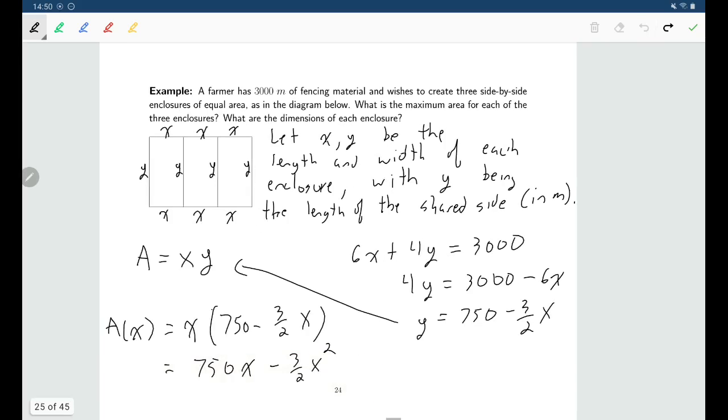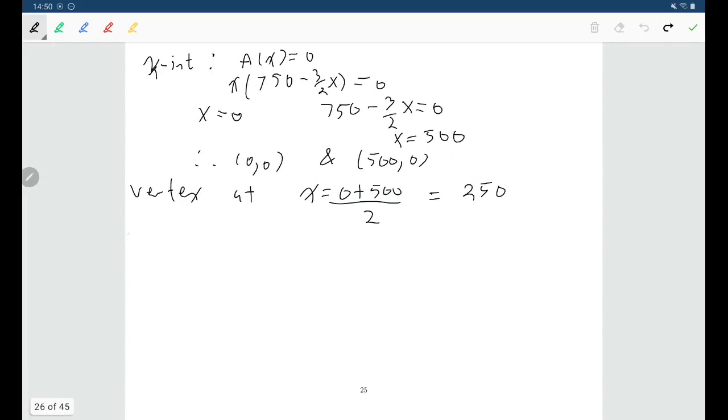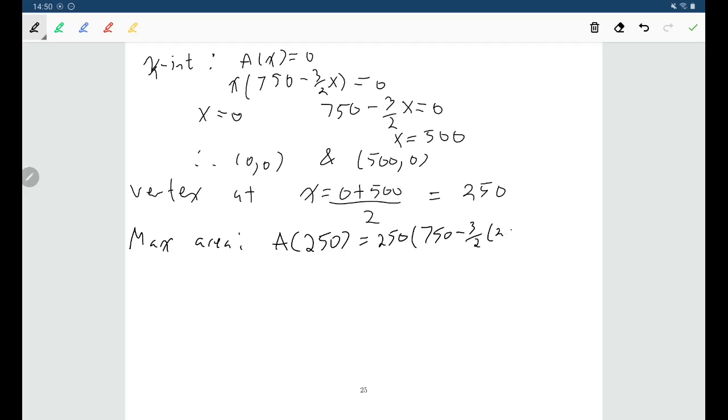I'll use my area equation to find my maximum area. And that would be my area function when x is 250. And if you were to go back and put 250 into your area function, either the expanded version or the factored version, it won't make a difference as far as the calculations go. It would still give you the same value when you evaluate that function.